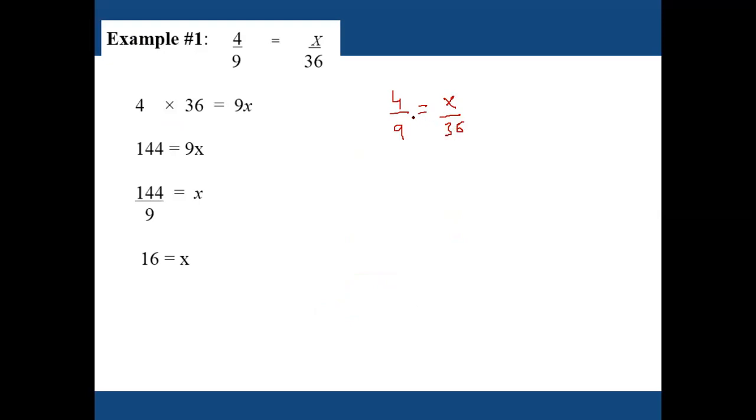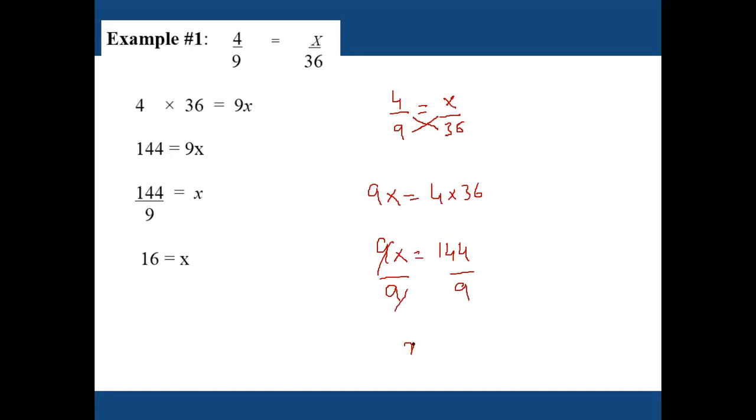Same with cross product: 9x equals 4 multiplied by 36, which is 144. Dividing both sides by 9, x is equal to 16.